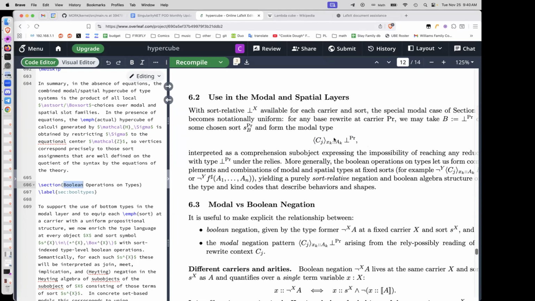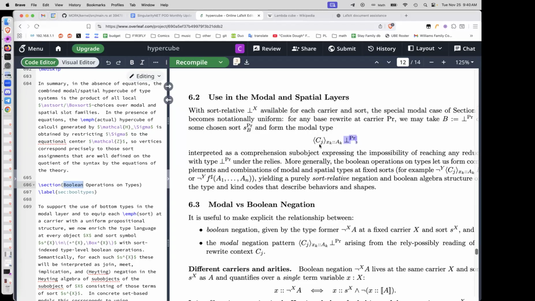So this says those terms that, when placed in the context J with variables of these types, reduce to something in the empty set. Right?